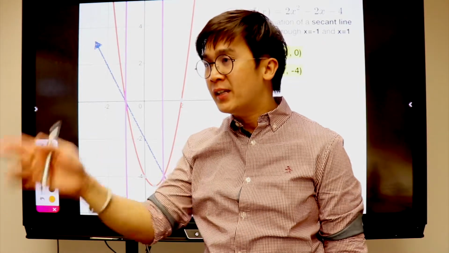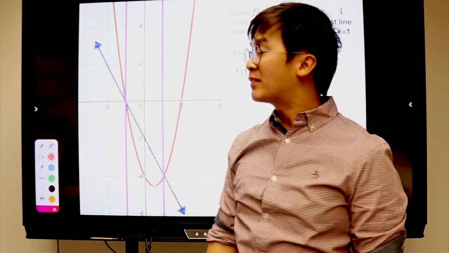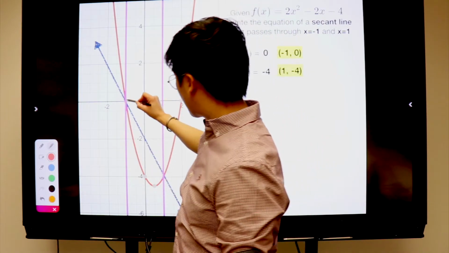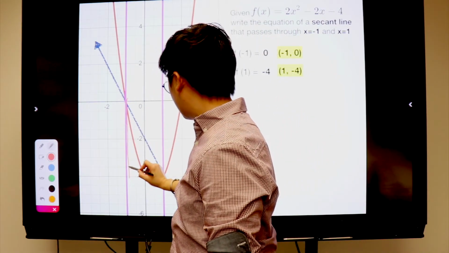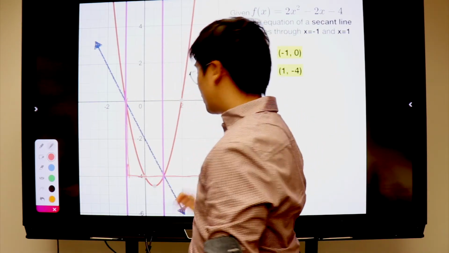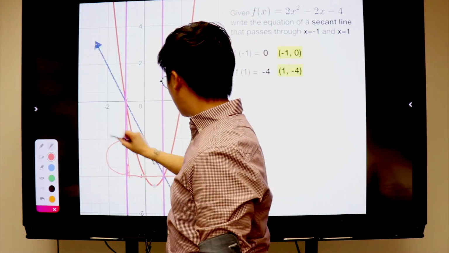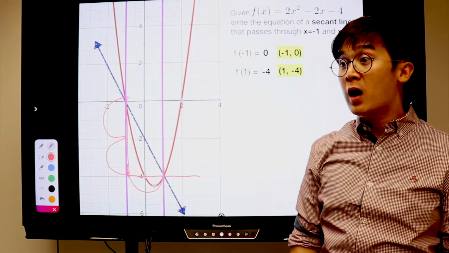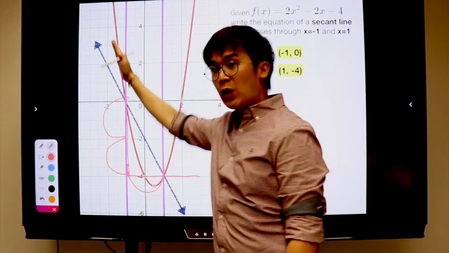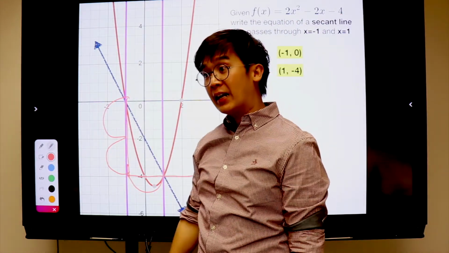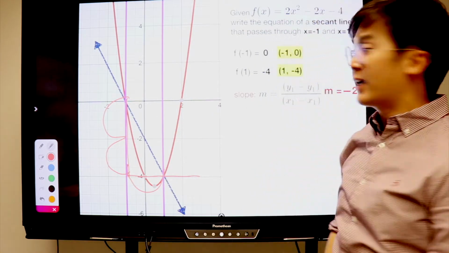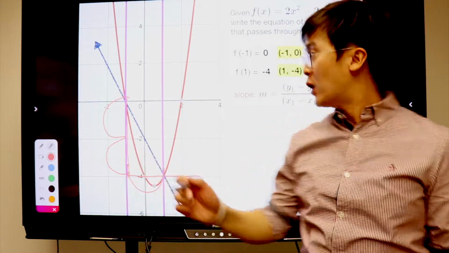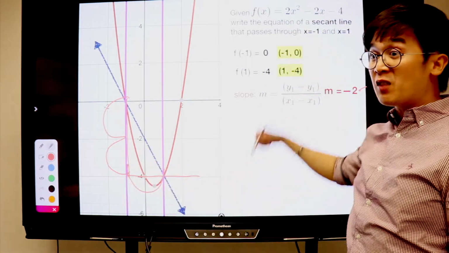So your slope is probably right, but is it really -2? I'm going to use my graph. So this is my triangle. 2 rise, 1 run. So it's still 2 over 1, but since my slope should be negative, I'll write -2. Boom, -2.